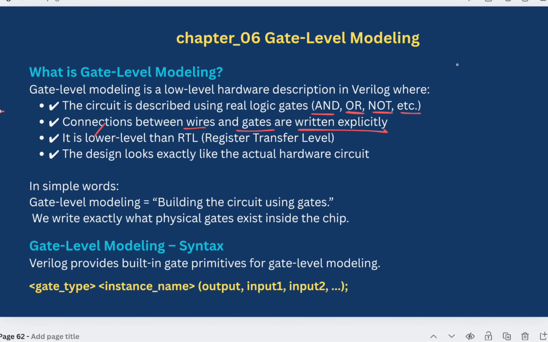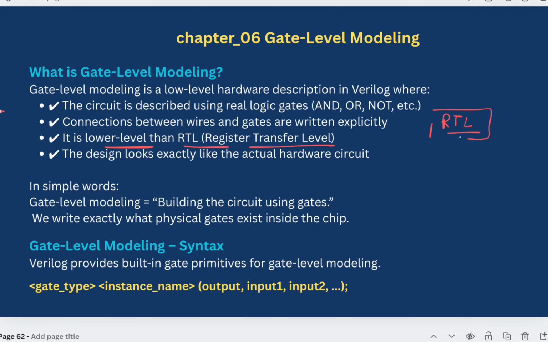Now the connections between wires and gates are written explicitly. Whatever connection you mention will be established using wires, so here we use wires to connect multiple gate inputs and outputs. It is a lower level than RTL, the register transfer level I told you about earlier.